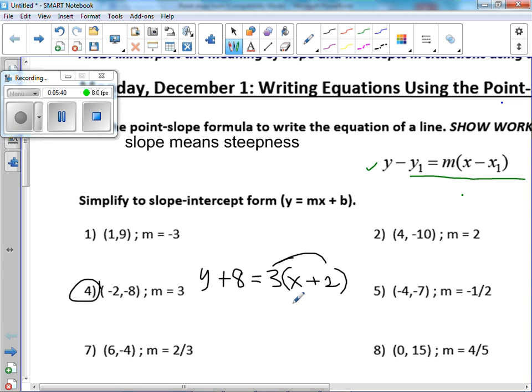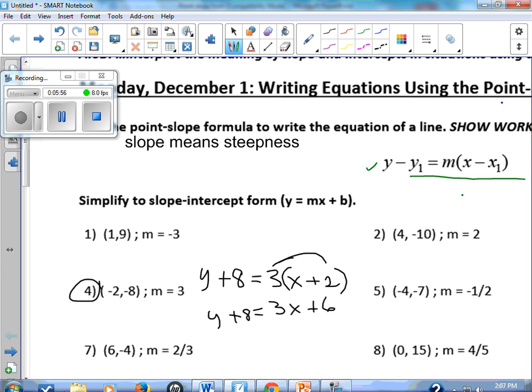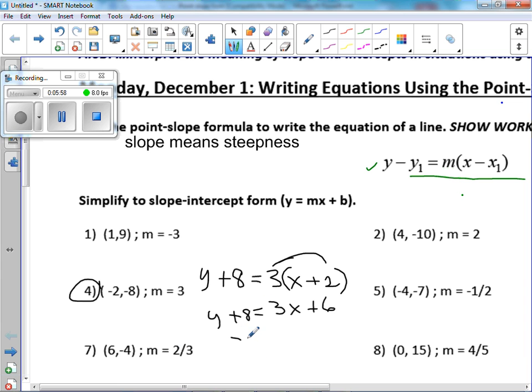Use the distributive property to get rid of the parentheses. So now we have 3x plus 6. My writing's a little better now, huh? So you have y plus 8 equals. Now you want to get the y by itself, so we go minus 8 on both sides. So our final answer is y equals 3x minus 2.